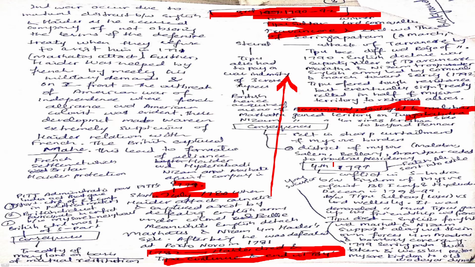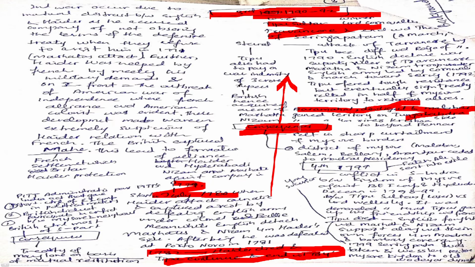So what were the consequences? Let's come to the consequences of the Anglo-Mysore War. This war resulted in a sharp curtailment of Mysore's borders, and the districts of Malabar and Bellary were added to the Madras Presidency. Conflict in South India between the Kingdom of Mysore and the British East India Company, Hyderabad, and the Deccan happened in 1790 to 99.